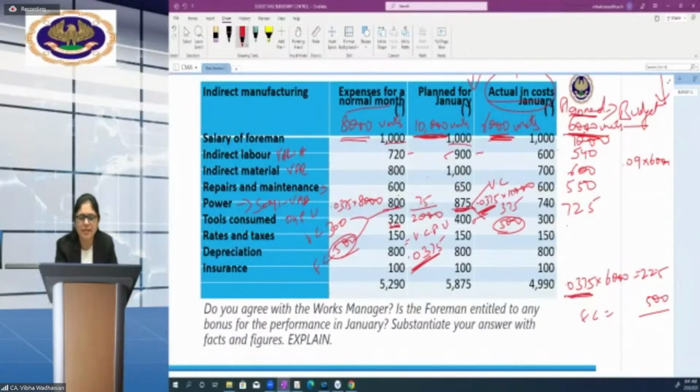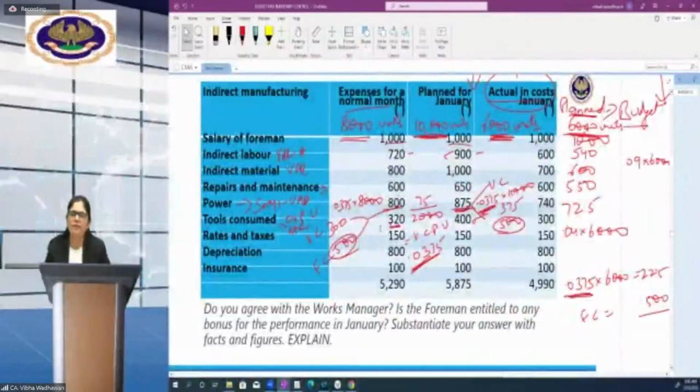So tools consumed are variable only. Clear? So 0.04 into 6,000, it's still variable. Tools consumed are totally variable. So per unit you calculate and multiply it by the 6,000 units. So this comes to be the variable proportion.